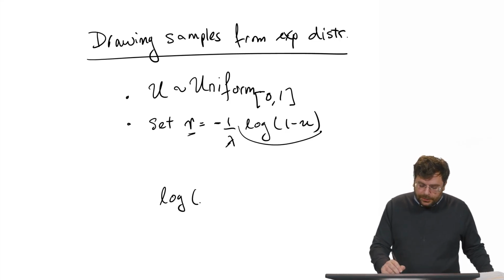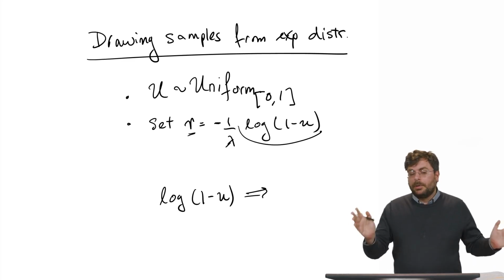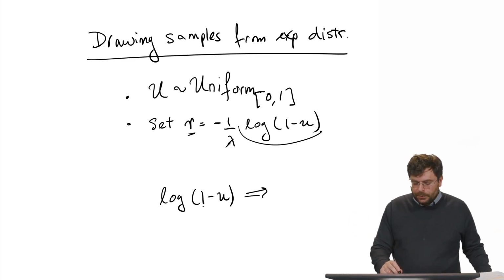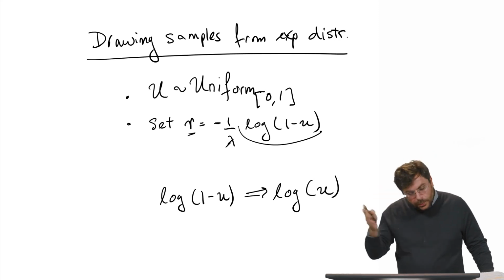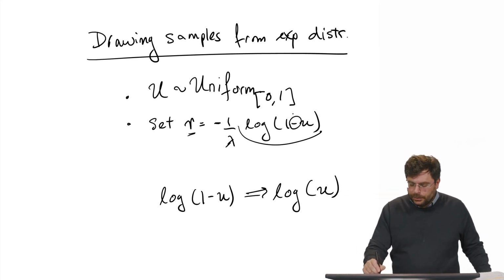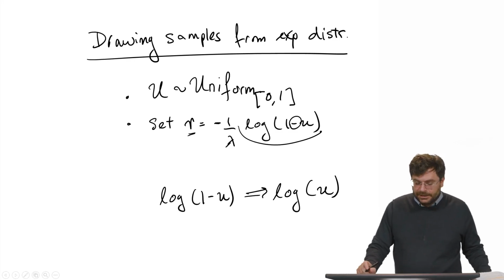Now if I were to nitpick, I could also mention something else. Notice that log of 1 minus u, when I'm doing this, I'm taking 1 minus the uniform random variable between 0 and 1. But my probability of sampling 1 minus u, or sampling u, is exactly the same. So in fact, I can replace this with log u. And you might ask me, well, what advantage does that have? You avoid a superfluous subtraction that you don't really need in your calculation.